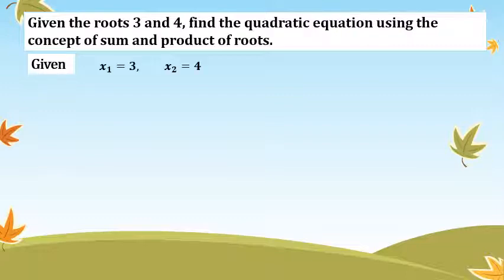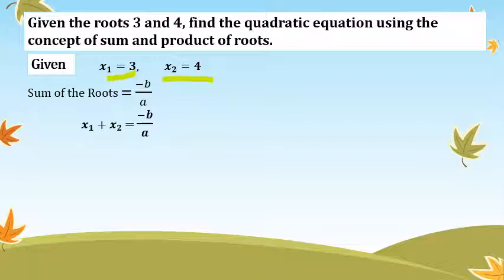Given x of 1 equals 3, x of 2 equals 4. Sum of the roots. So, x of 1 plus x of 2 equals negative b over a. I-add natin ang x of 1 at x of 2. Bakit addition? Kasi ang pinag-uusapan natin ay sum. So, magkakaroon tayo ng 3 plus 4 equals negative b over a.